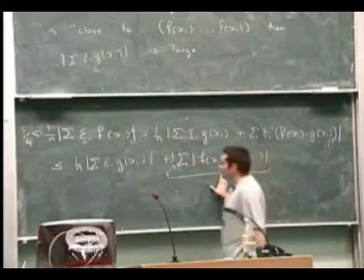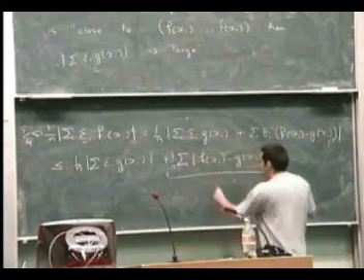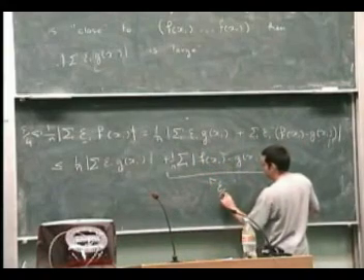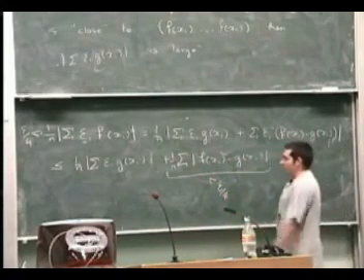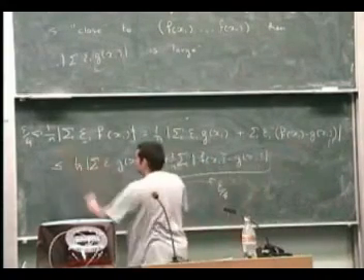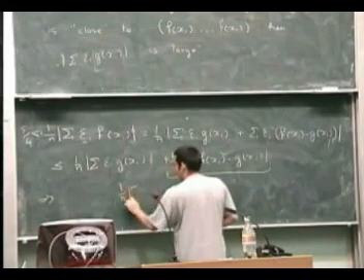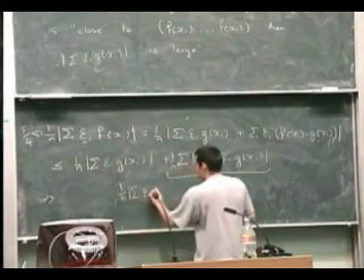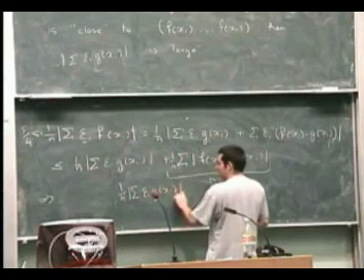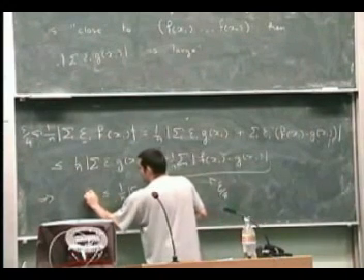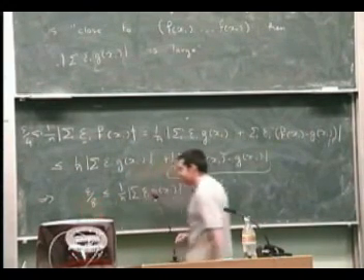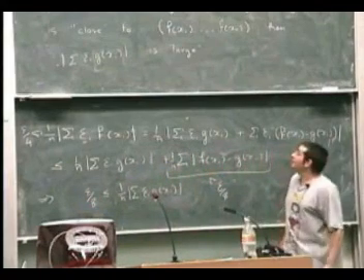So I know that this thing is smaller than epsilon over 8. Taking this to the other side, you get that 1 over n absolute value sum of epsilon i g of xi is greater or equal to epsilon over 8. Now what does it mean?